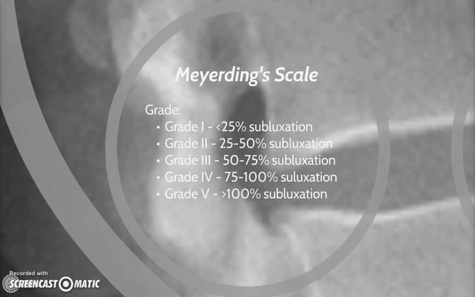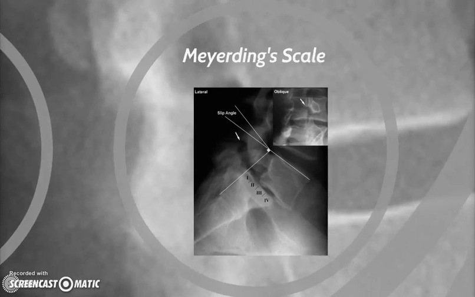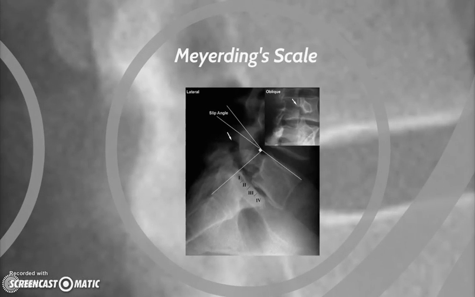Grades are separated by percentage of the slipping vertebral body still in contact with the segment inferior to it. Meyerding's scale is utilized on top of radiographic images by physicians. An example of a grade 2 spondylolisthesis is shown here.